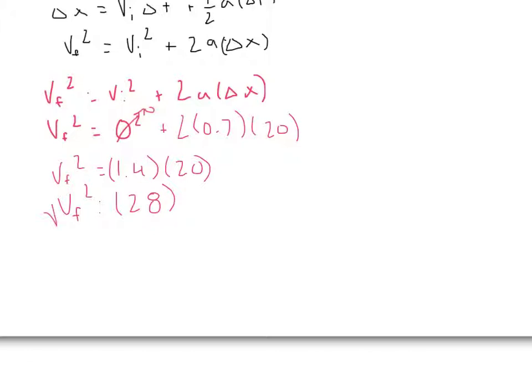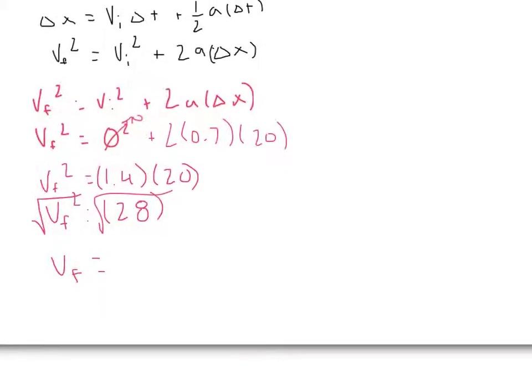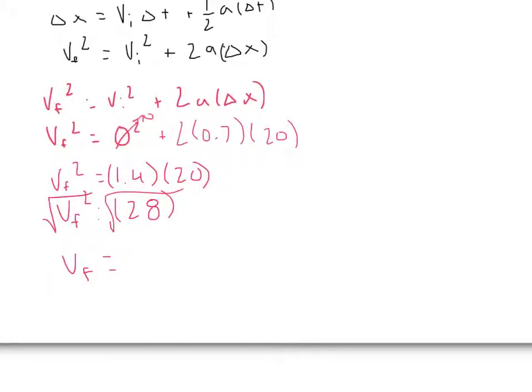And now we take the square root of both sides. So we get v final is approximately 5.29 meters per second.